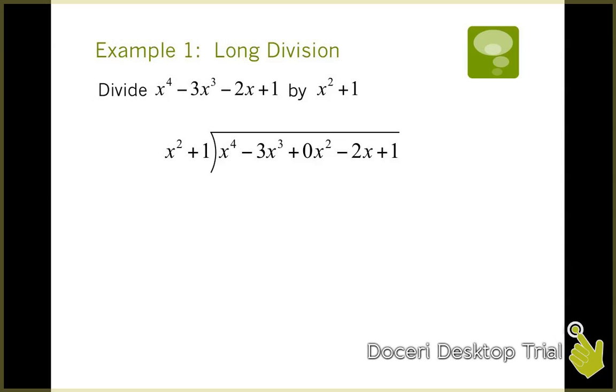we start just by looking at the first term in our divisor and asking ourselves, what do I need to multiply by in order for it to equal the first term in our dividend? Now this is one place where polynomials are a little bit different than numbers.